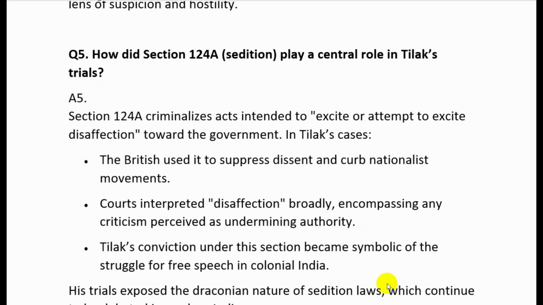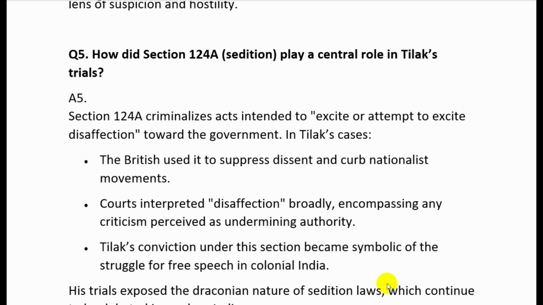Next, how did Section 124A, sedition, play a central role in Tilak's trials? Section 124A criminalizes acts intended to excite or attempt to excite disaffection toward the government.